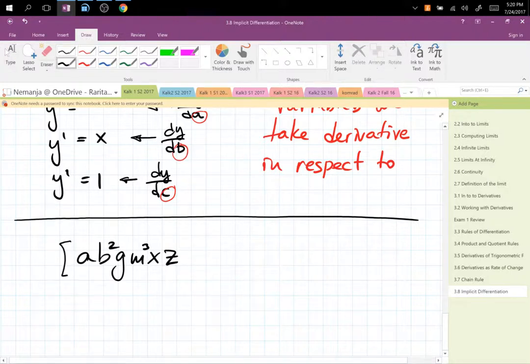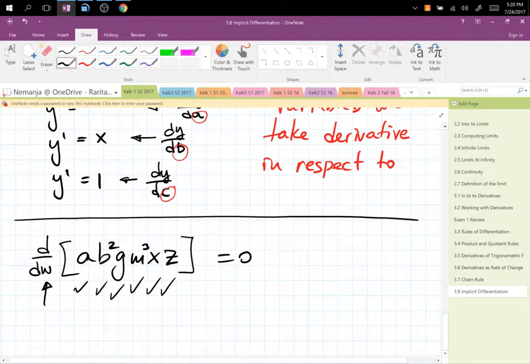See, if I ask you what is the derivative of this in respect to W, what are you going to say? There is no W, so it's 0, right? Because W is the variable, which means that all other letters are not variables, they're constants. Constant times a constant times a constant times a constant, they're all constants, that's 0.